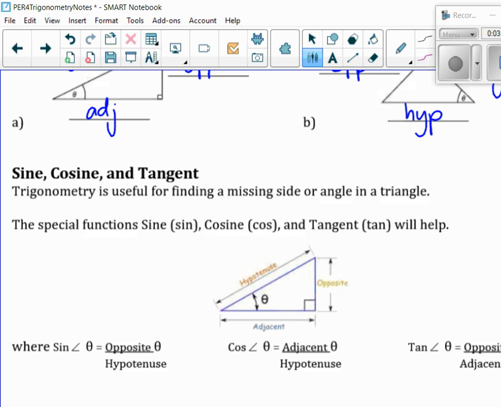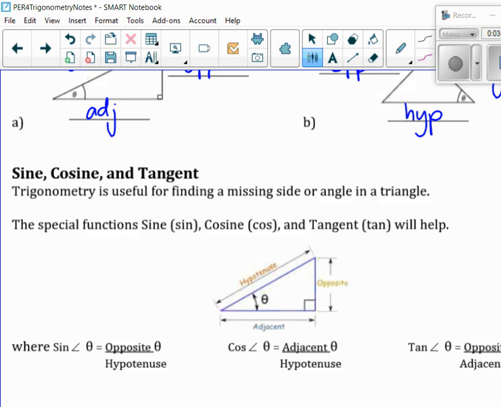Same with cos, it's cosine. And tan is really tangent. It's a sin to call sine sin.